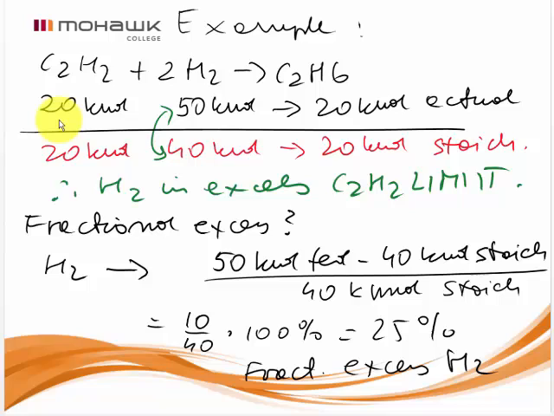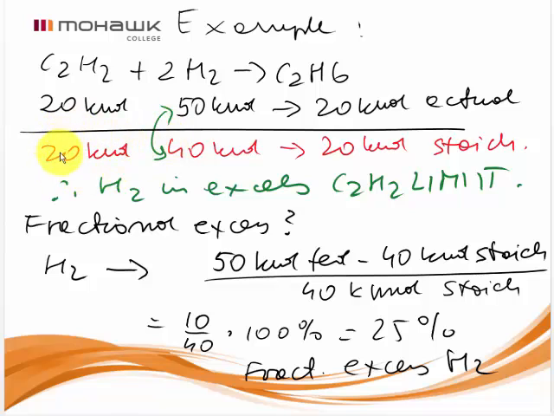An alternative approach to trying to find the limiting reactant is to look at the actual feed into the reactor, and you can write down the stoichiometric quantities of each of these reactants based on the first reactant here, which is the C2H2. For 20 kilomoles of C2H2, we need twice as many moles of hydrogen.